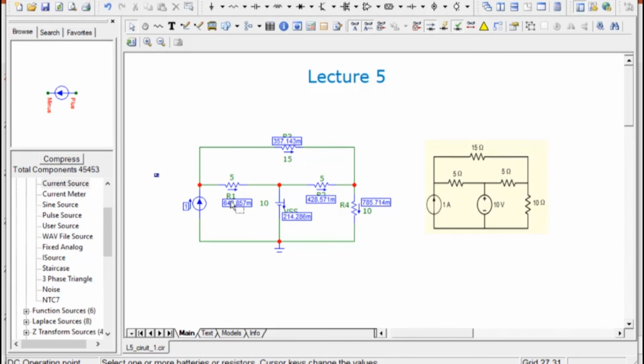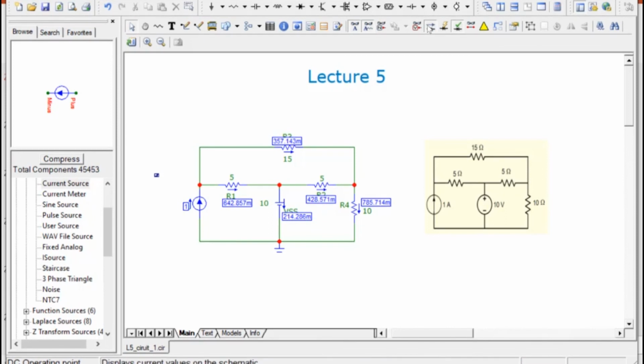642.85 milliamperes going right, 428.57, 785, 214. If you recall, if you go back to the discussion, we had a value of current flowing through this of 0.21 ampere, so 214.286 milliamperes here. Note that it gives you very precise answers and in almost no time.